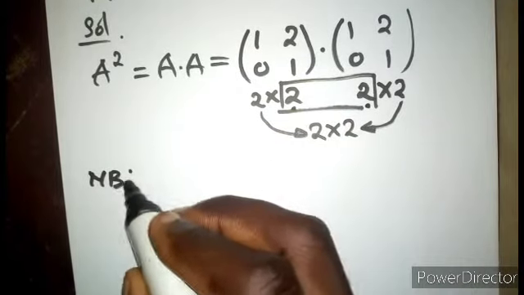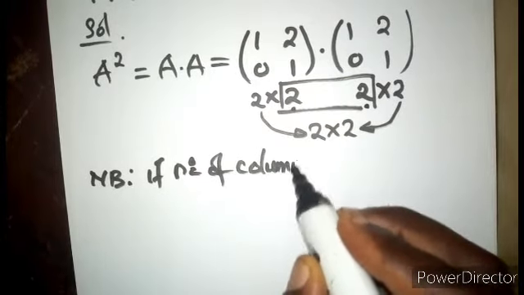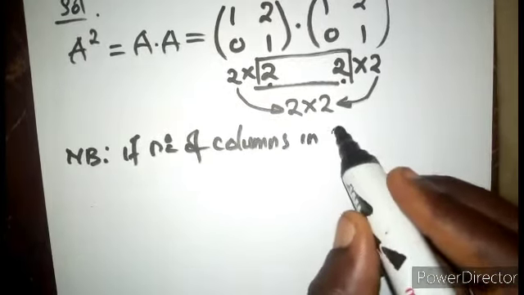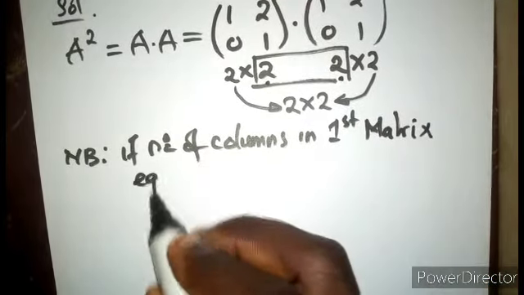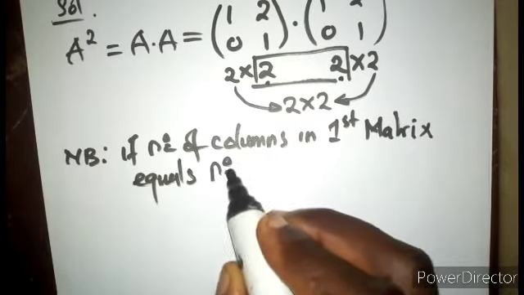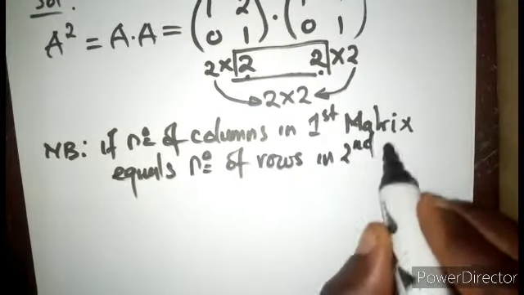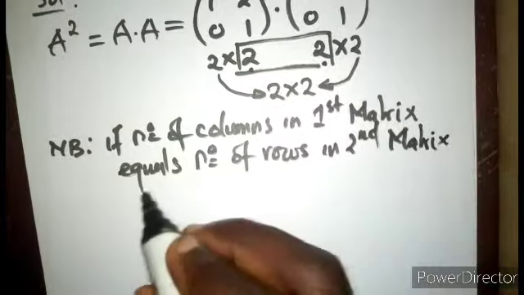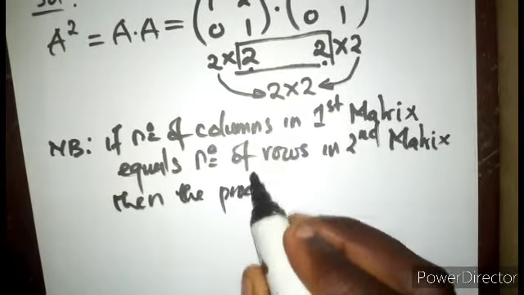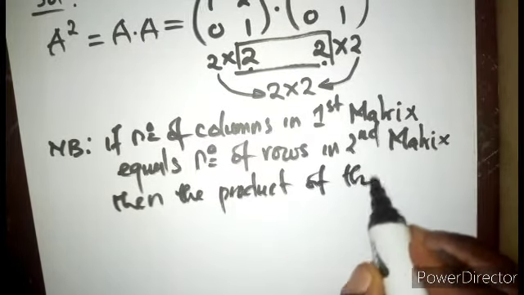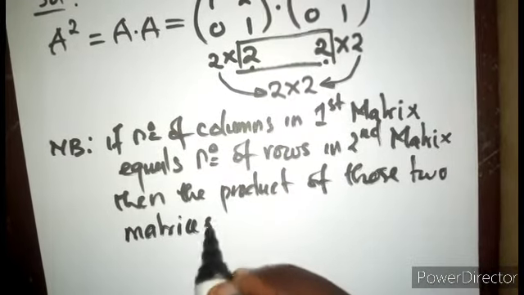So note, if the number of columns in the first matrix equals the number of rows in the second matrix, then the product of those two matrices exists.